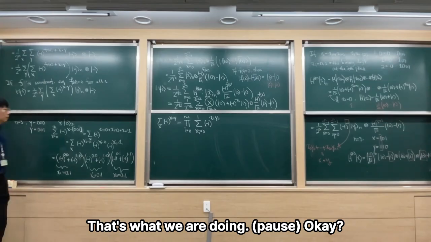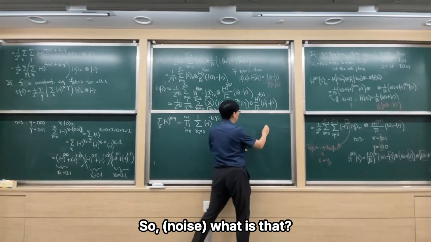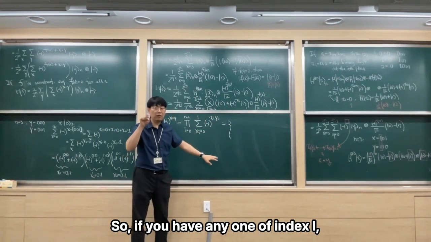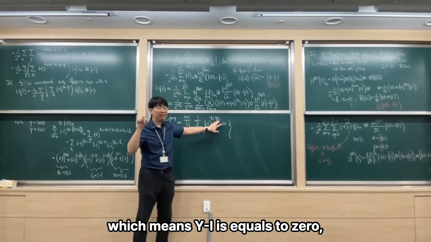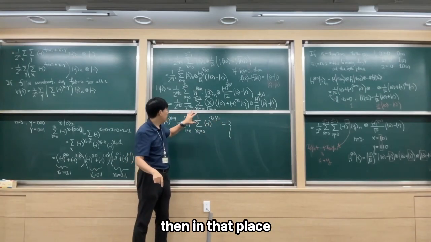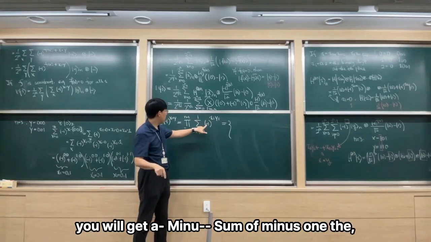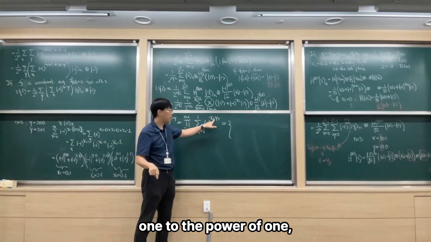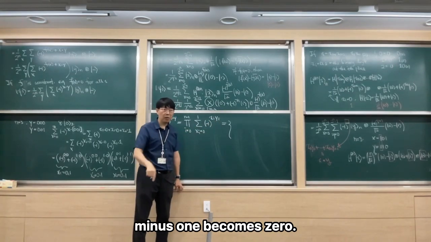Okay? So what is that? If you have any index i such that yi is not 0, which means yi equals 1, then in that place you will get the sum of (-1) to the power of 0 plus (-1) to the power of 1, which means you're adding 1 and minus 1, which becomes 0.